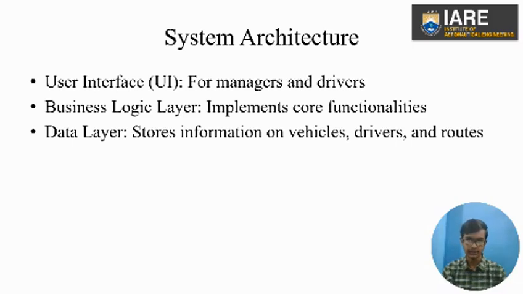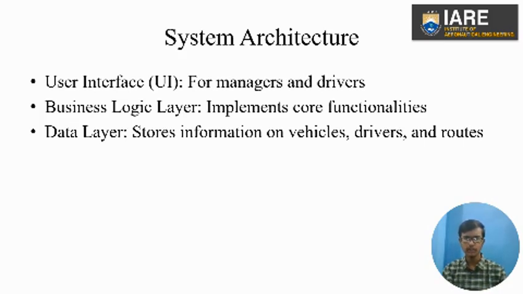And there is another thing named the business logic layer, and it implements the core functionalities related to the fleet management system and the accessibility between the classes and subclasses in the concept of object oriented programming. And the third one is the data layer.